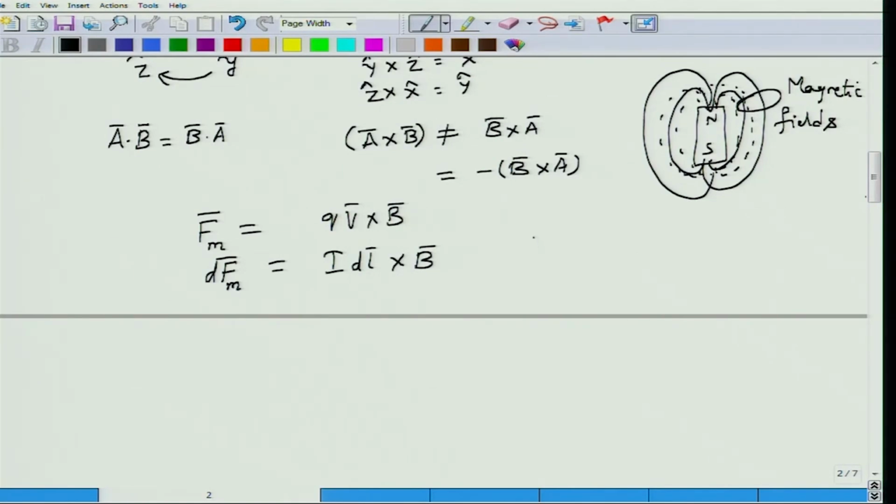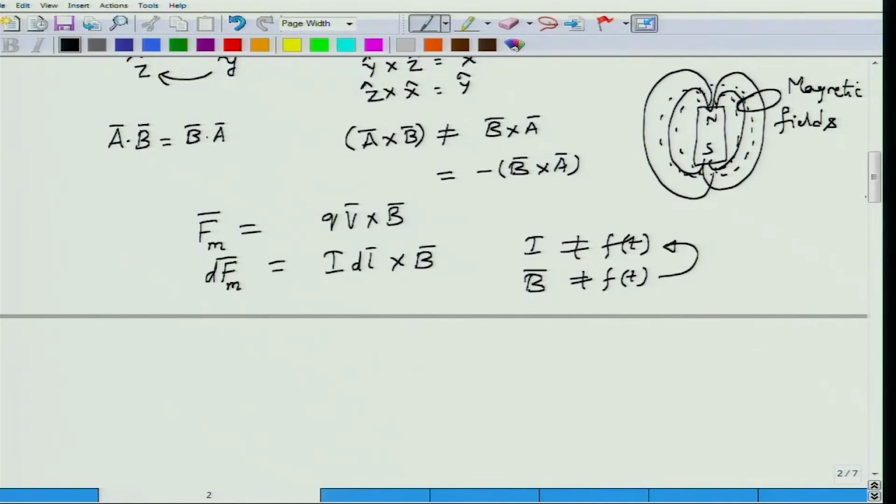So we assume that there is a current carrying wire and there is a vector field B. However, it turns out that these currents are capable of generating a field of their own, and these fields will not change with respect to time as long as the current is not changing with respect to time.